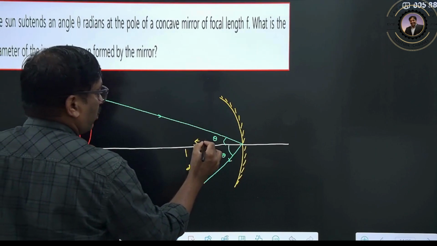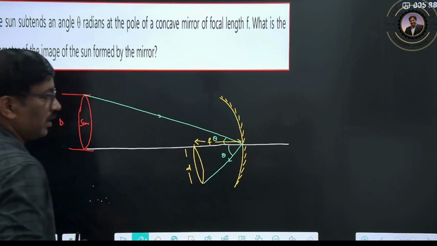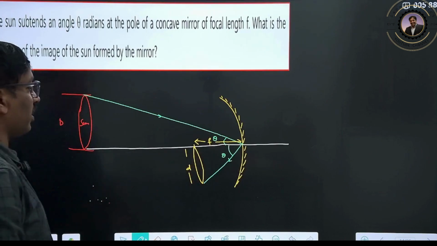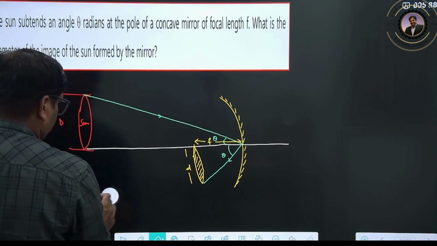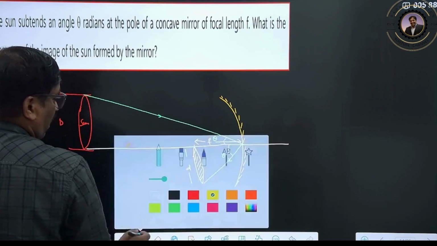Where will it be formed now? It will form at the focal length. You understand, no? It will be formed at the focus, clear. So, we want to calculate it.